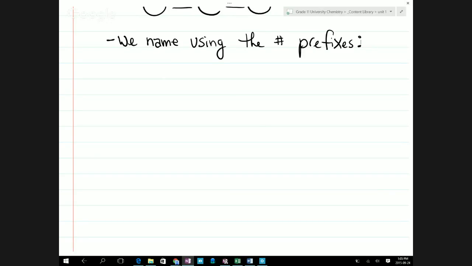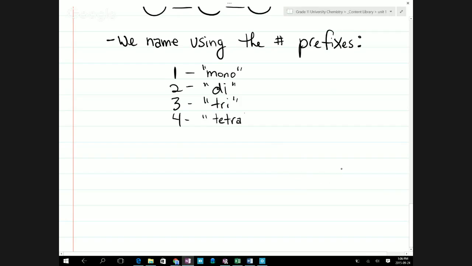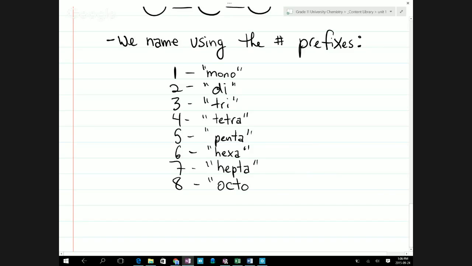Okay, and the number prefixes are: 1 is mono, 2 is di, 3 is tri, 4 is tetra, 5 is penta, 6 is hexa, 7 is hepta, 8 is octa, 9 is nona, and 10 is deca.